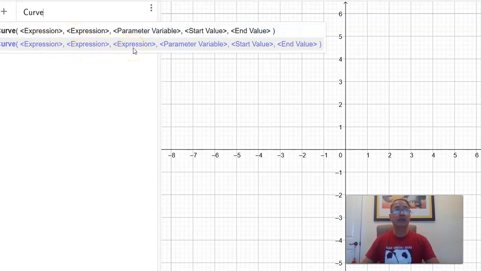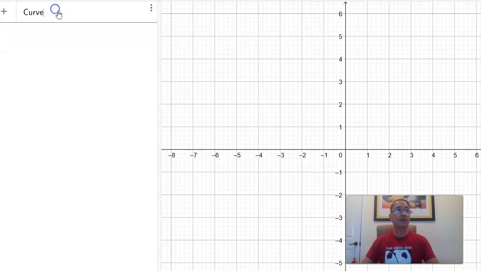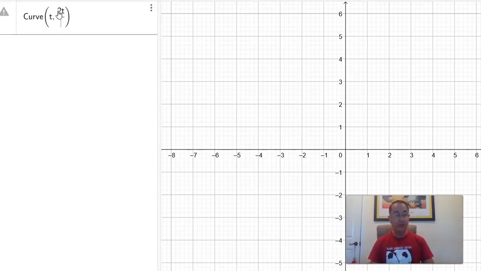Here you have 3 expressions, you have a z coordinate. We'll use the second one in a few minutes. We'll stick to x and y for now. So, parenthesis, and our x is t, our y is 2t over 3 plus 4.